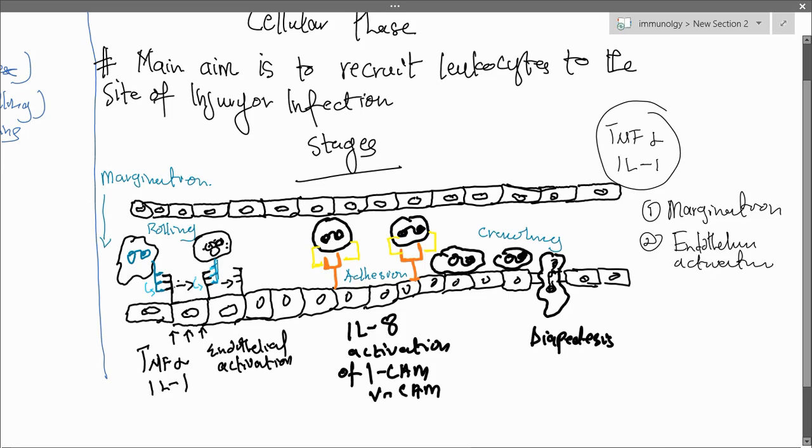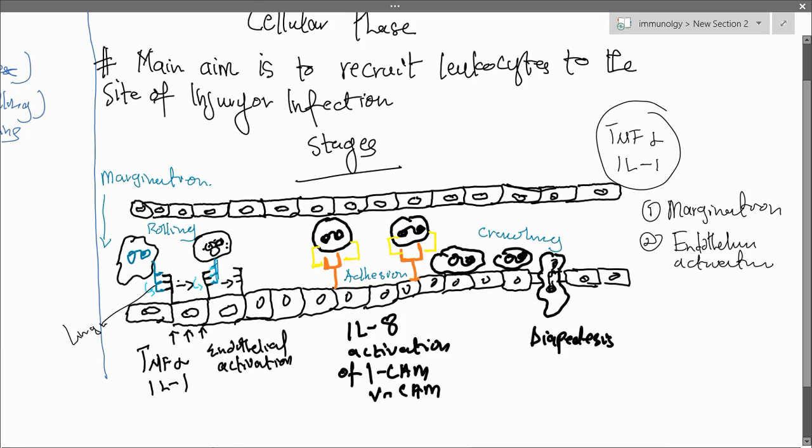And what they do is that they interact with the ligands. These are ligands that are formed on the surface of the white blood cell. So these ligands bind to the P-selectin. So normally the P-selectin will come before the E-selectin.